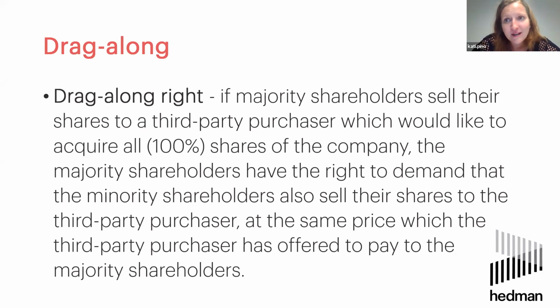This protects the majority interest, because if the majority wants to sell and the person they are selling to wants to buy all the shares, then they're not happy with like 97% of the shares or 82% of the shares. They want the 100% of the shares. So drag along allows for the guarantee of such deal actually going through.